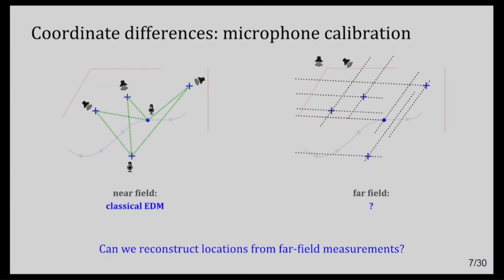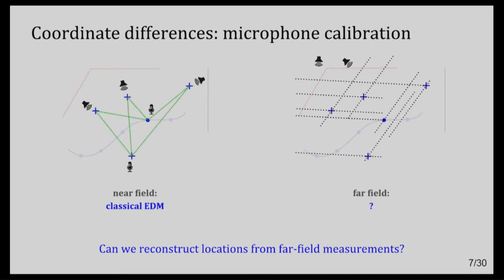And so the reason why we started looking at coordinate differences is because we were looking at the microphone calibration application. So you have an array of microphones. These little symbols are the microphones. And you want to find out where they are relative to each other, given some signals.